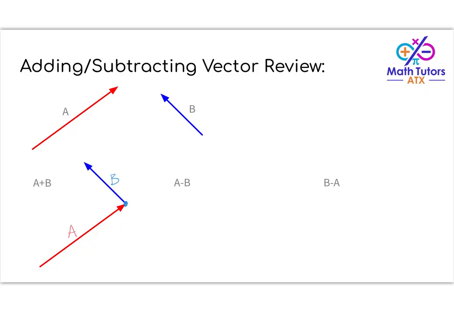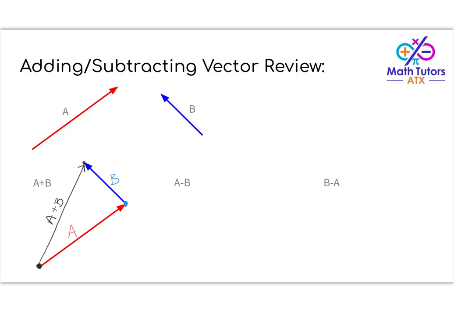And so the resultant of A plus B, this would be the starting point and this would be the ending point. And so I'm just going to sketch that in here. This right here would be the direction and the magnitude of A plus B. So if I added the components of A and B, I would get that resultant vector.